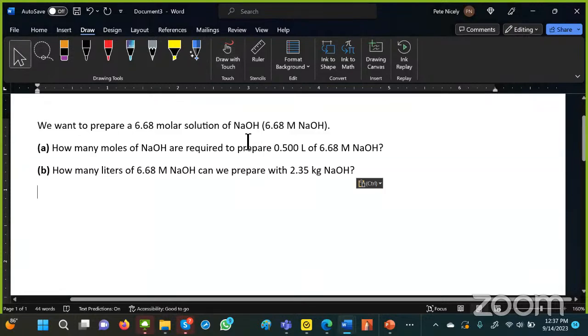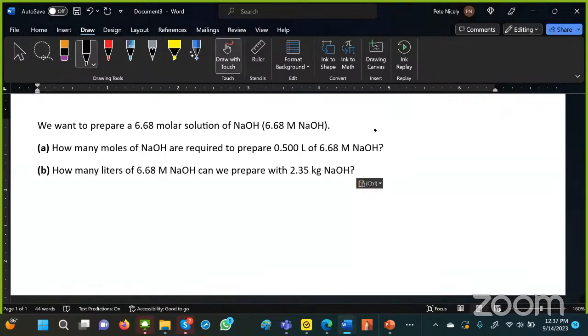Okay, so here's a question, actually a two-part question. It says we want to prepare a 6.68 molar solution of sodium hydroxide. So the first question is asking how many moles of sodium hydroxide are required to prepare 0.500 liters of 6.68 M sodium hydroxide. So any ideas about this one?